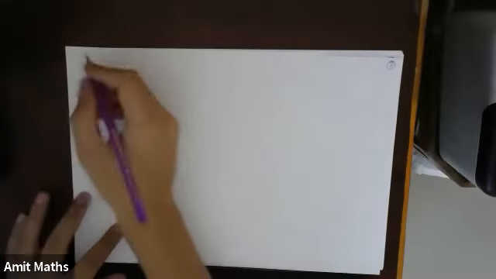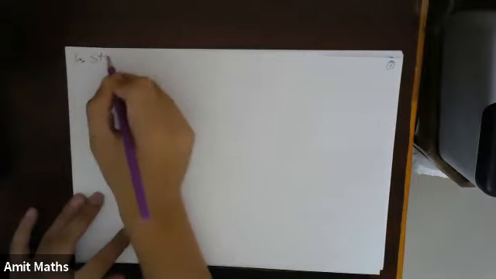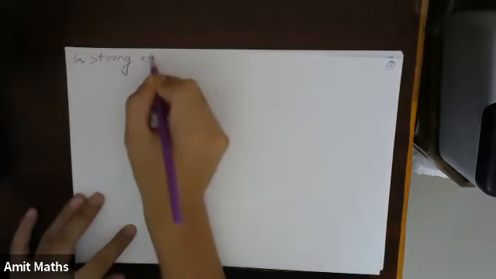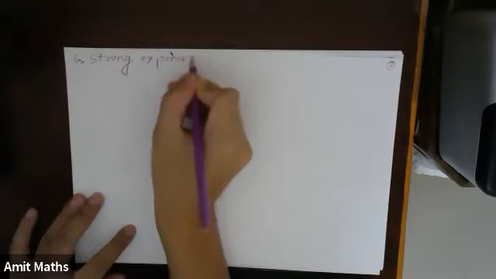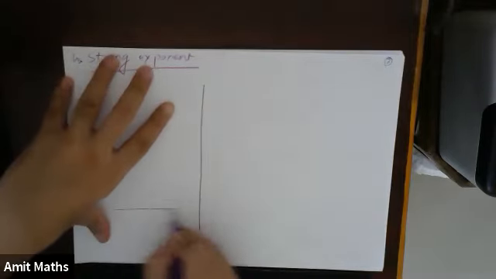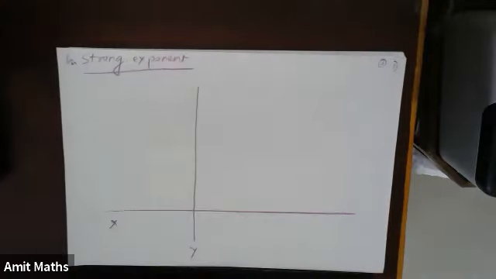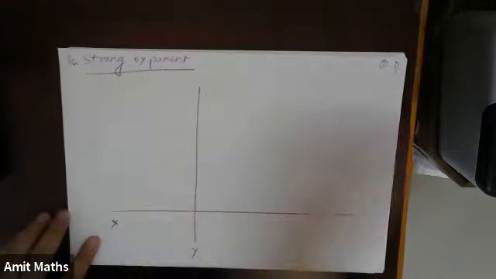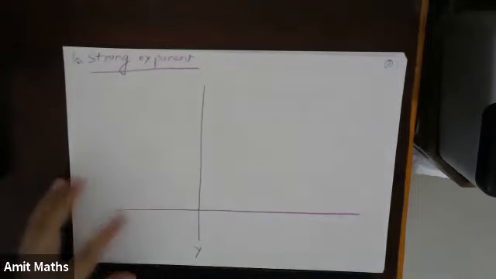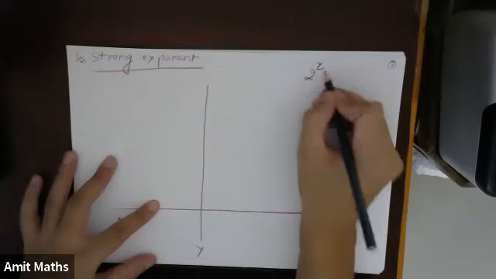So first we will find for strong exponent. Suppose this is y-axis and this is x-axis, and I want to draw the graph of 2 to the power x equal to y.